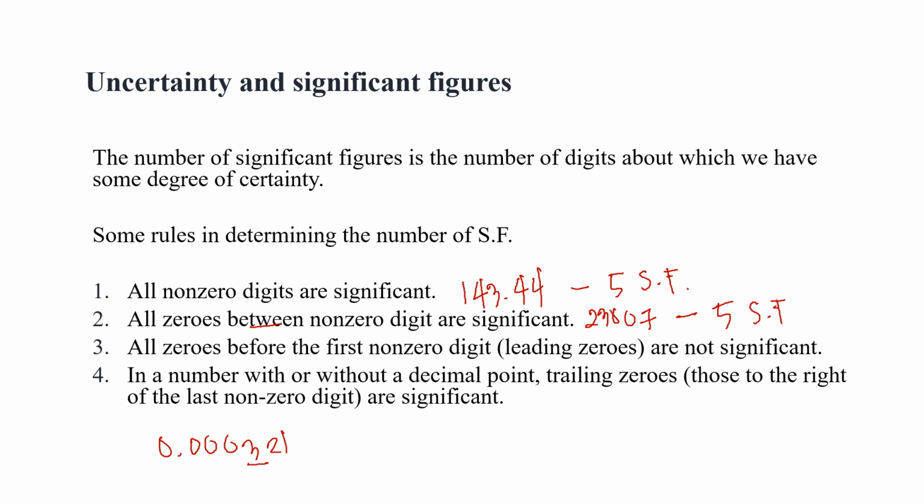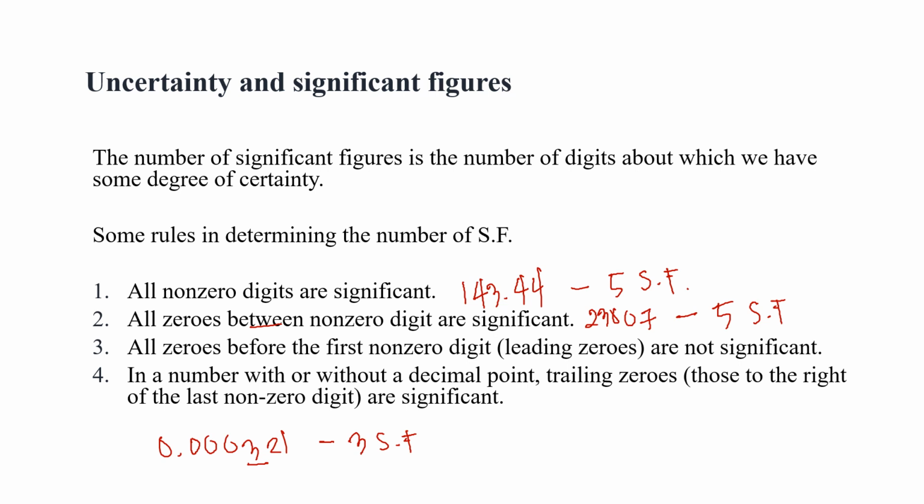So that means these 4 leading zeros here are not significant. In counting the significant figures for this number, you only have 3 significant figures. Any zeros before your first non-zero digit, looking from left to right, are not significant.